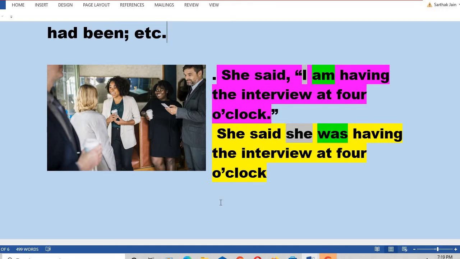And the pronoun of the first person always changes according to the subject of the reported verb. And what is the subject of the reported verb? She. So I will convert according to she, and as per the rule, see the indirect version there, I have highlighted the pronoun she.